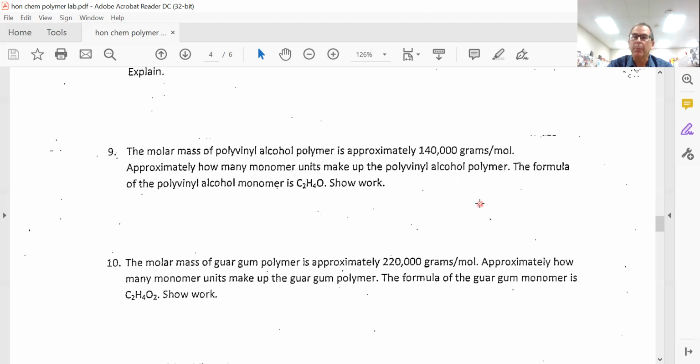It's probably going to be over 1,000 units long. So again, we get really, really long chains of these monomers in these particular polymers. And the same type of thinking goes with number 10, except that is with the guar gum. Notice the extra oxygen here relative to this one right here. Okay, hopefully that helps with answering questions 1 through 10.